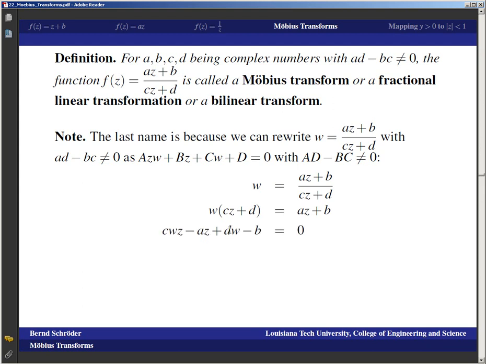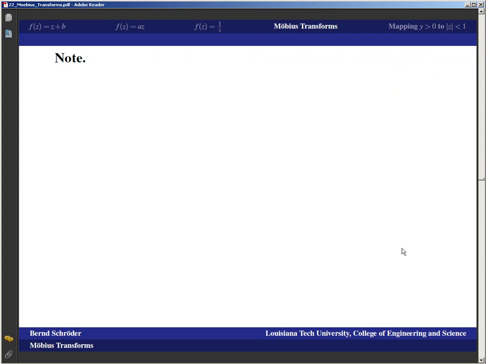Multiply out the parentheses and bring everything over, and you end up with wcz minus az plus dw minus b, and that's exactly the form that we have there, except that we also have to verify, of course, that our a, which is c, times d, which is negative b, minus b, which is negative a, times c, which is d, is not equal to 0. But this expression is equal to ad minus bc. Just puzzle out the negative signs, and that was not equal to 0.